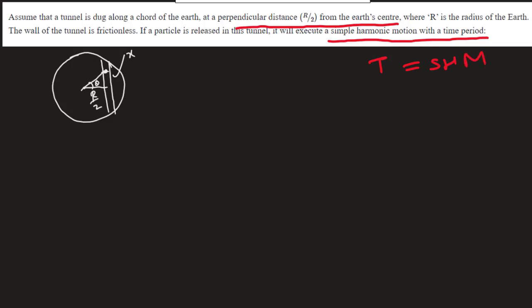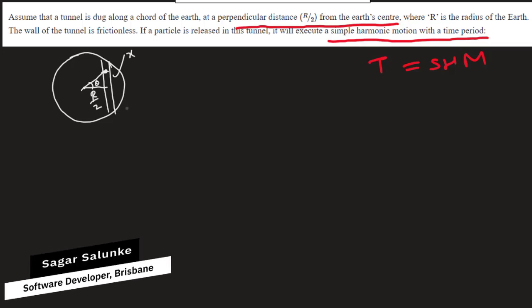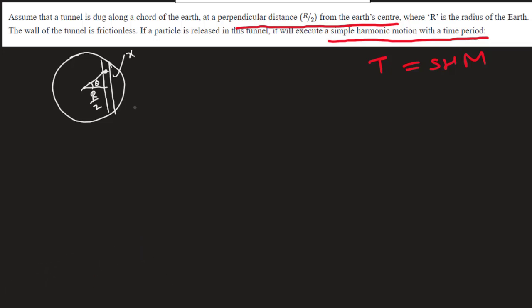Okay. So what they have given is that if we put the particle in that tunnel that is made in the earth, that particle is going to make simple harmonic motion. So the equation of simple harmonic motion is given by force F is equal to minus kx. Here force F is the restoring force.